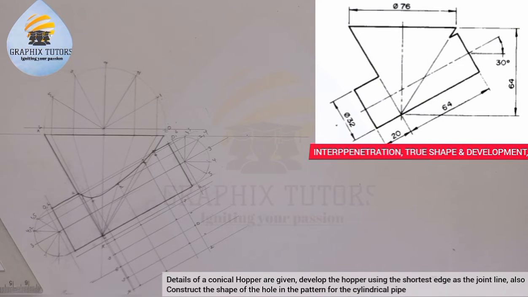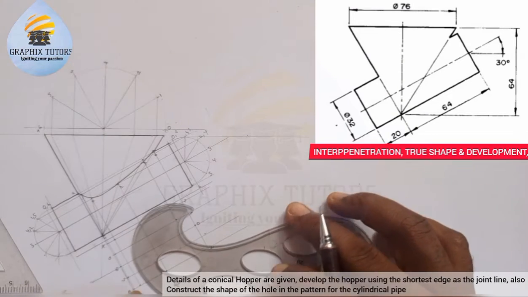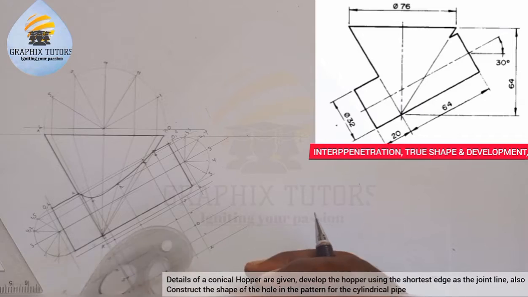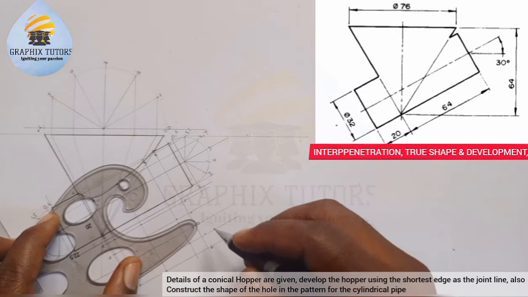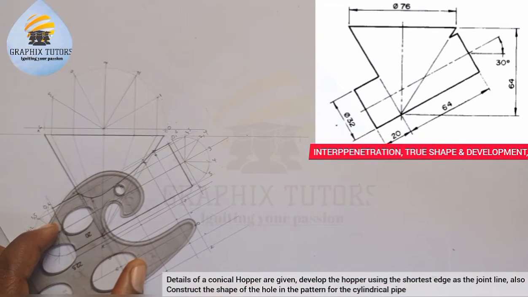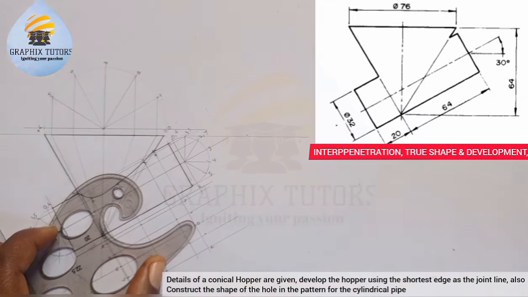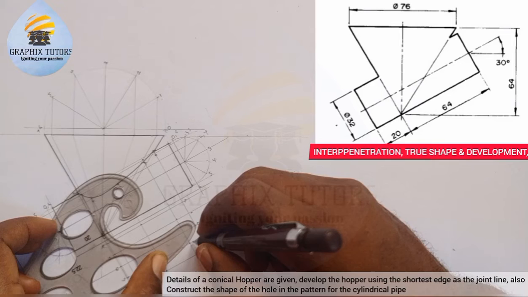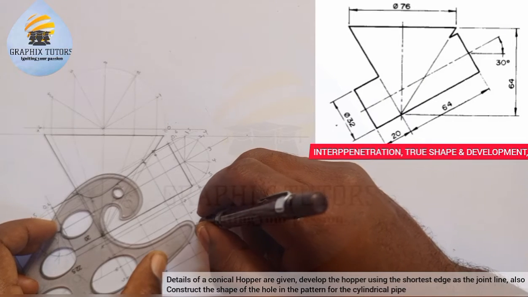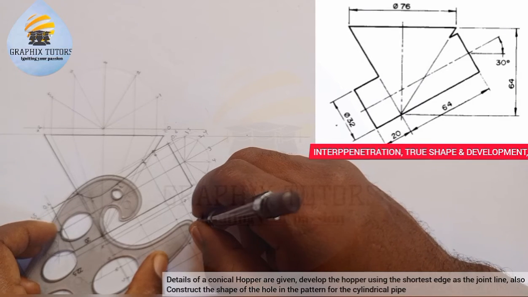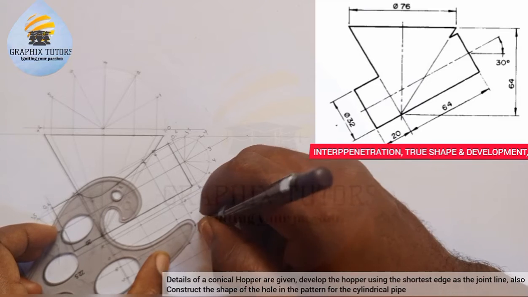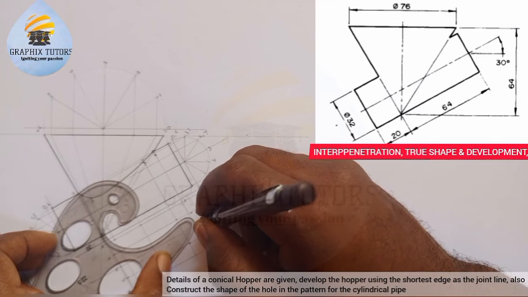If I use my French curve, I'm going to join all these points together first. Let me start from here. From here. From here.